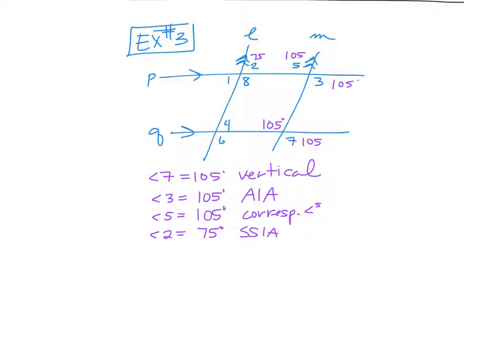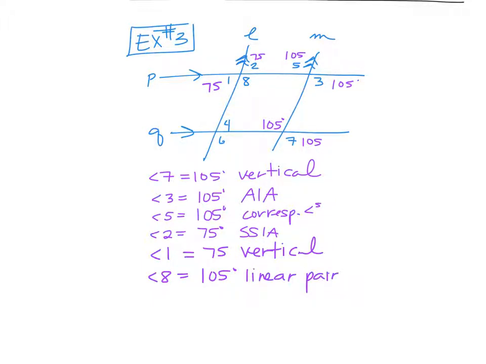Okay, so what's angle 1? That would be 75 because of what? It's a vertical angle. How about 8? 8 is 105 because it forms a linear pair with 2 or 1.